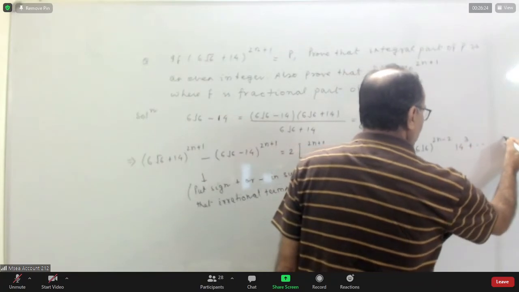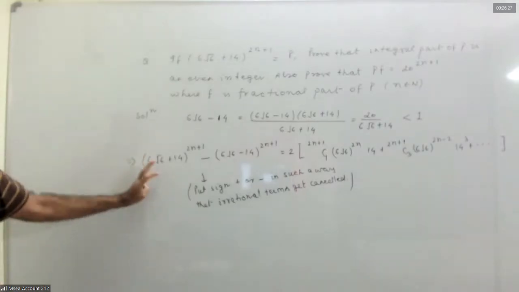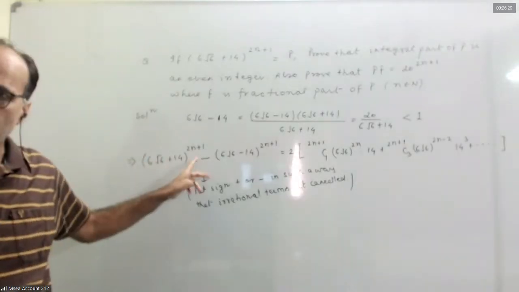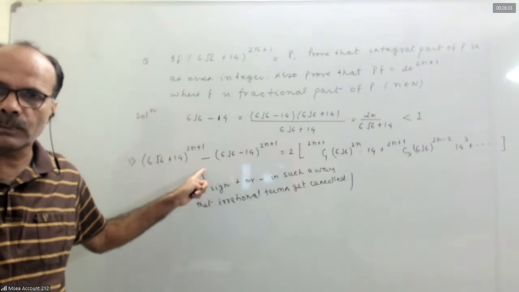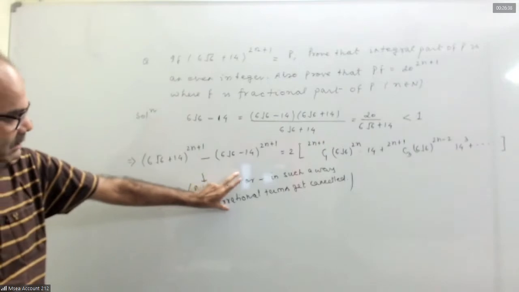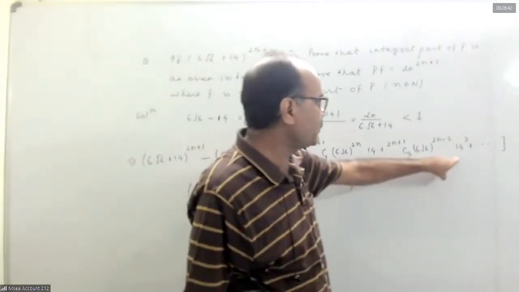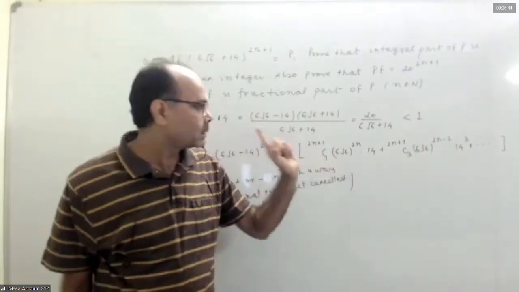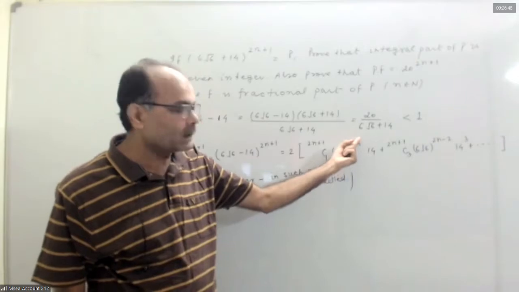Sometimes we have to put plus sign, sometimes minus sign. Depending on the condition, we want only rational terms here, only integral terms. The power of irrational terms should be even.